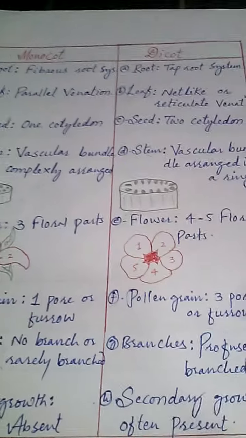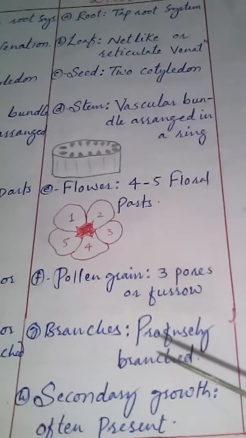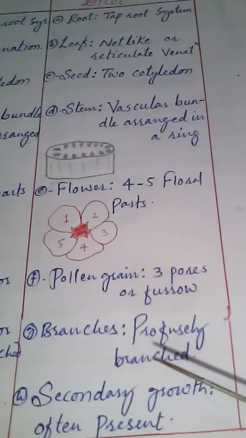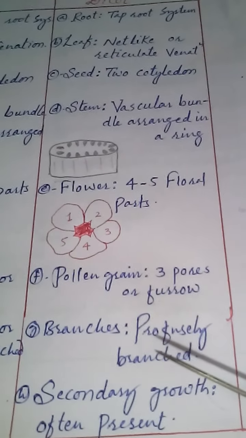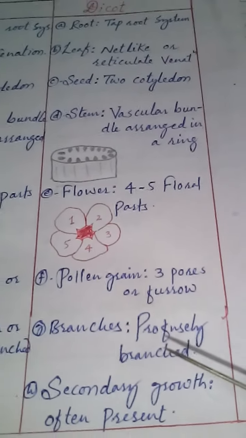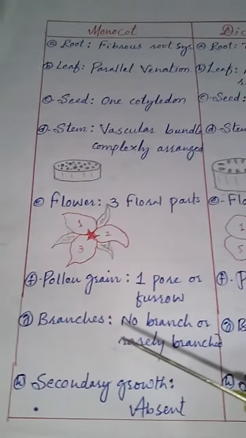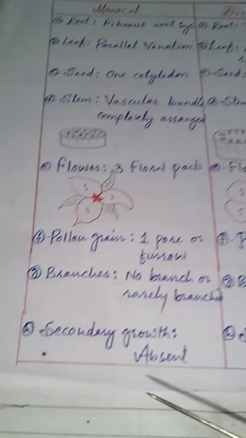But what about the branches of the dicotyledonous plant? In dicotyledonous plants, the system is profusely branched. This tree you will see with a lot of branches, profusely branched.